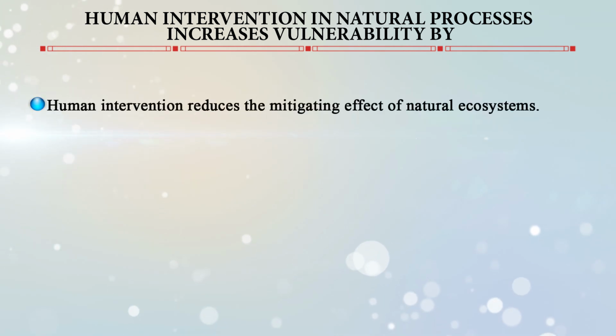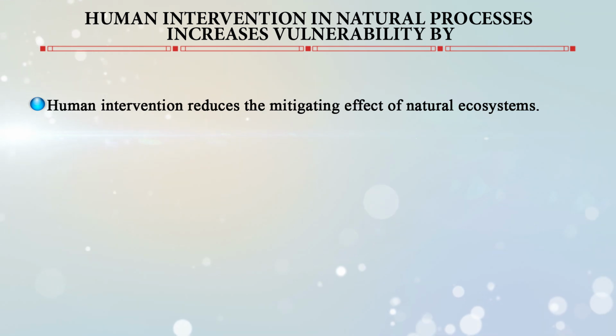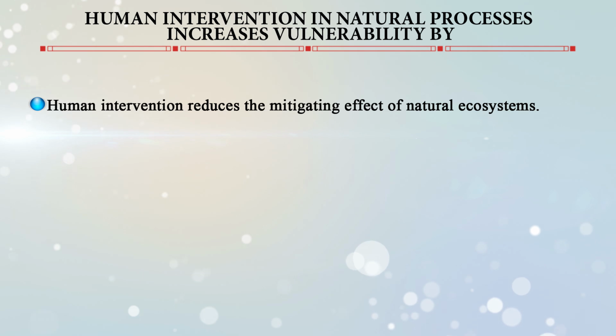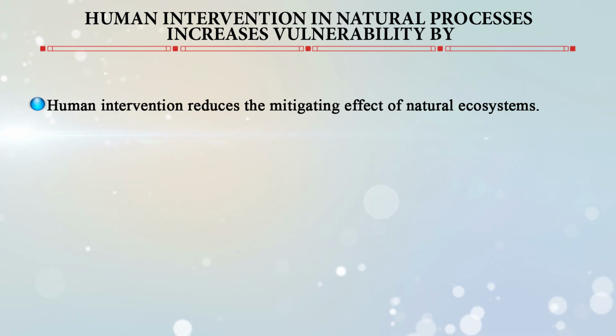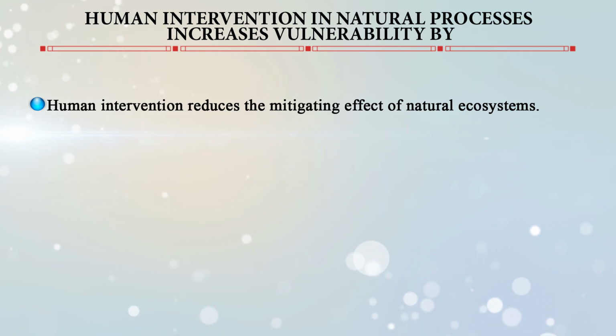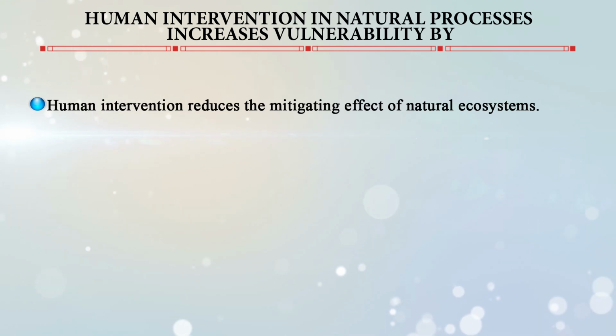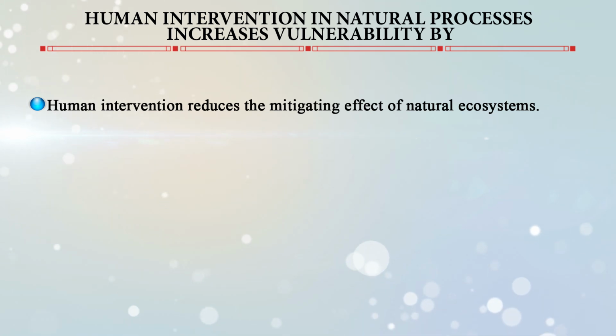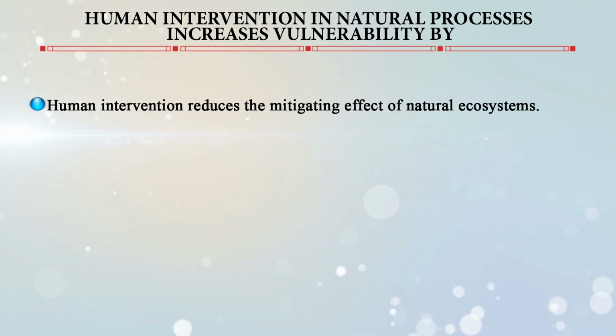Now, human intervention in natural processes can increase vulnerability also by reducing the mitigating effect of the natural ecosystem. Our ecosystems have their own management technique of mitigating and reducing the effects of these natural hazards in their own way.